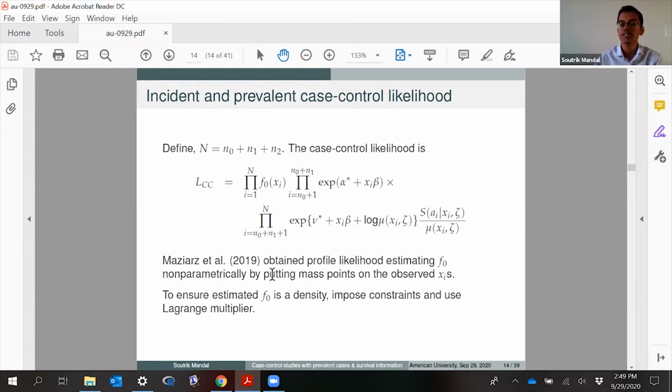And Maziers obtained the profile likelihood, estimating F0 here non-parametrically by putting mass points on the observed x-axis. To ensure that the estimated F0 is a density, we need to impose constraints and use a Lagrange multiplier. I'm not going to go into the details of these constraints, but just to give an idea of how F0 is profiled out of this likelihood.